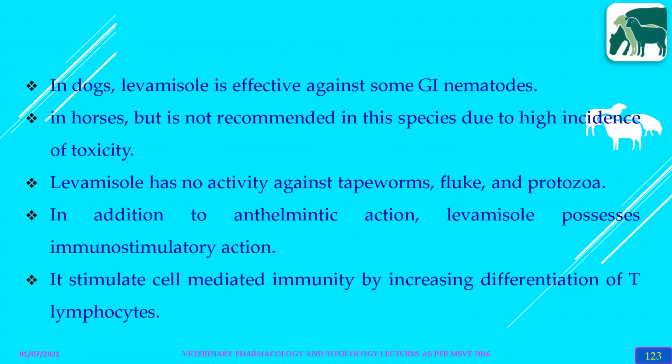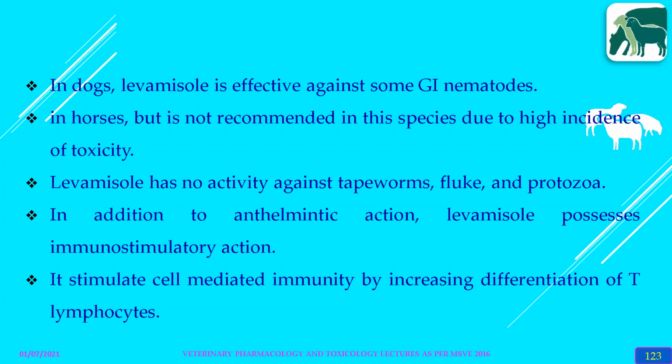In case of dogs, it is against most of the GI nematodes. But in case of horses, it is having very high toxicity and not recommended. So in case of horses, try to use most of the drugs with a lot of caution. It is not used against tapeworms, fluke, and protozoa.